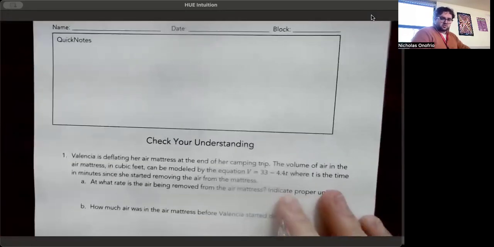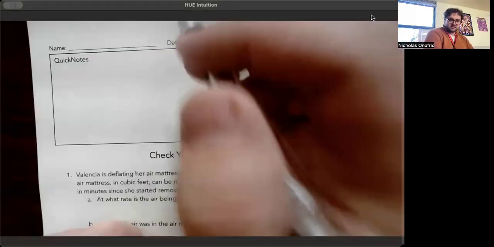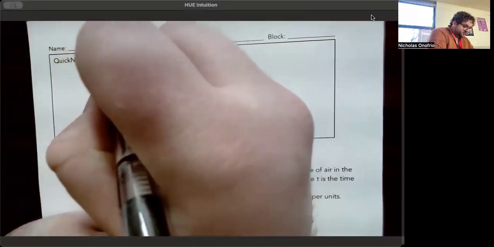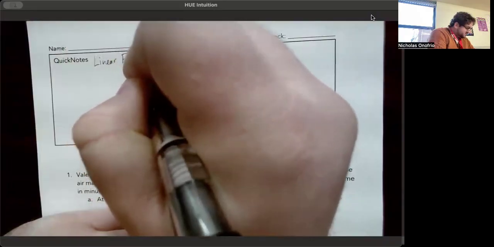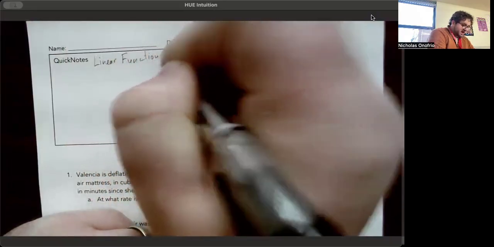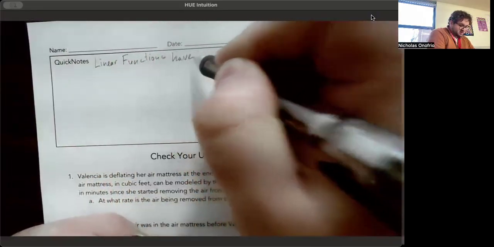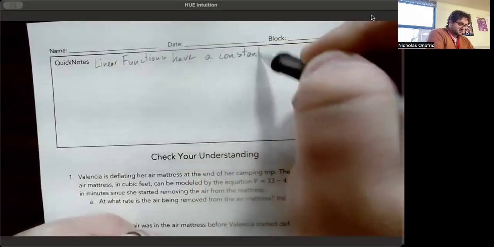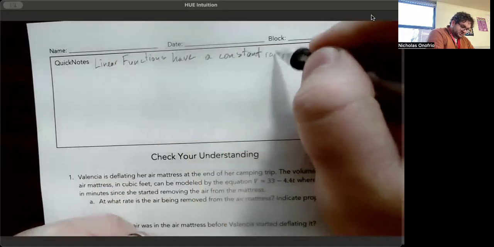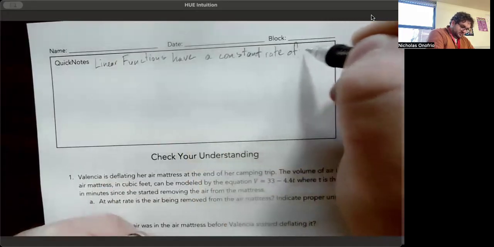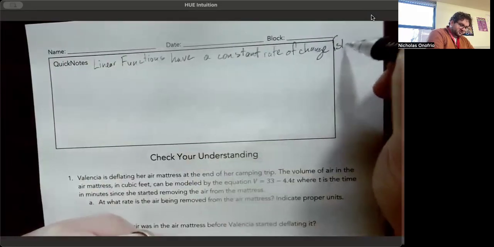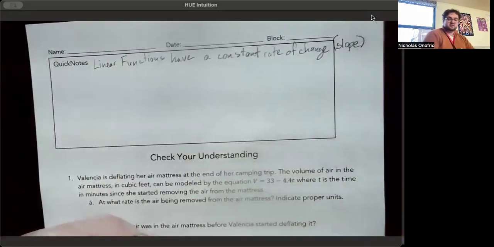So in your quick notes, we are going to start by saying linear relationships, or linear functions, have a constant rate of change. The reminder: rate of change is just our longer way of saying slope.